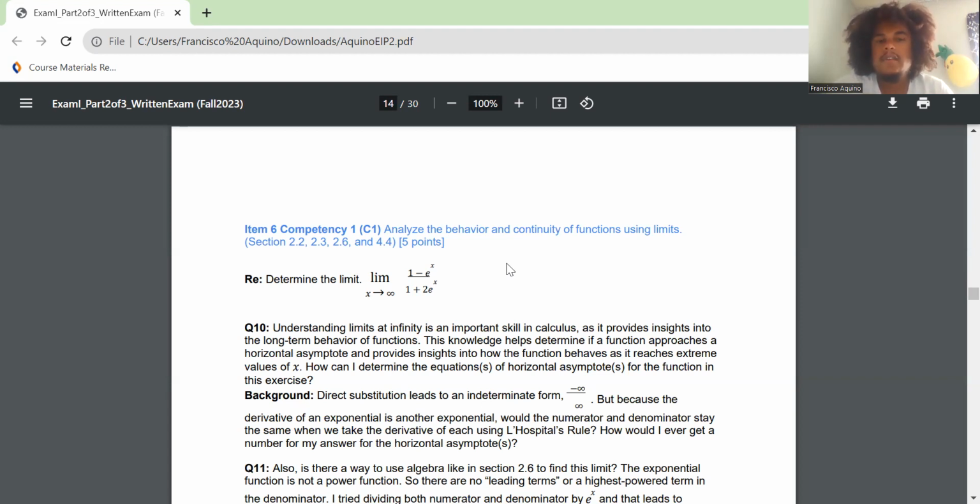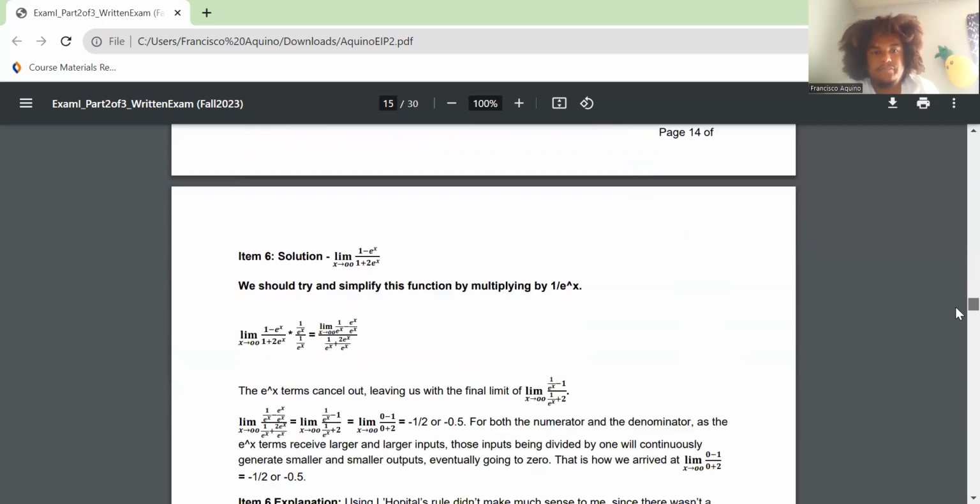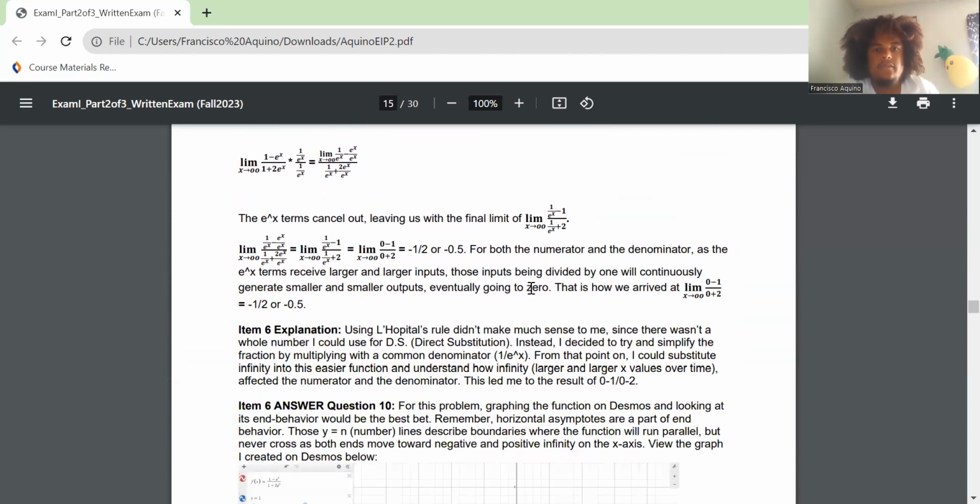So the fact that we're given this infinity made me think of this problem in terms of analyzing a function at infinity, like what's happening to the x and y points on the graph, the numerator and the denominator. So after looking at it, I found that there's a common denominator of 1 over e to the x, which you can multiply both sides by to simplify it. And after doing that work, you would get this nice function over here.